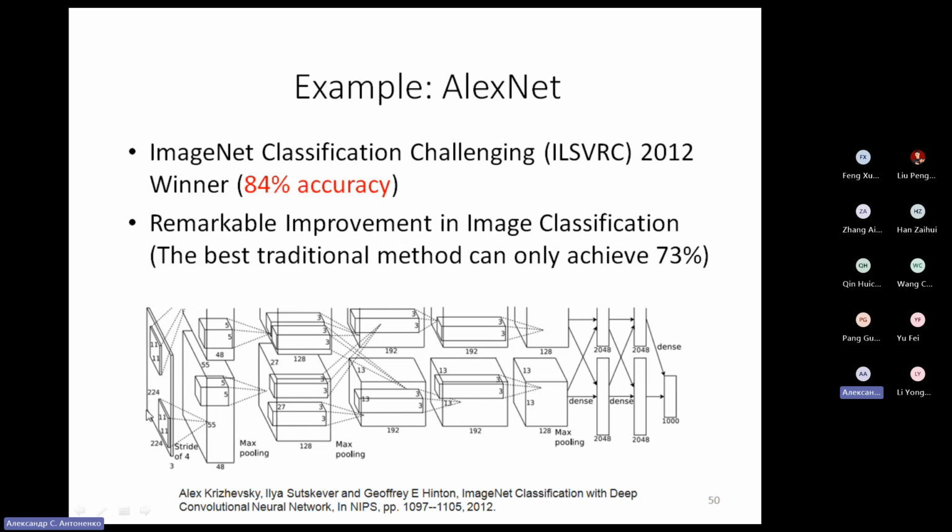Okay, let's see. At first, we have convolution. Then max pooling. Then convolution, max pooling, then convolution, max pooling. So convolution, max pooling, etc. And then we flatten and use dense layers.